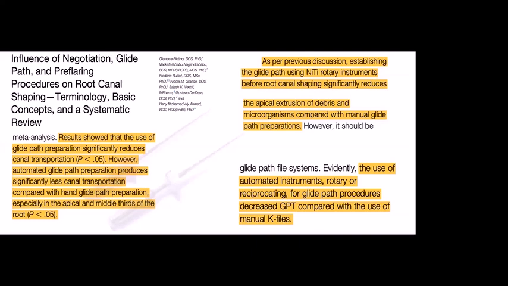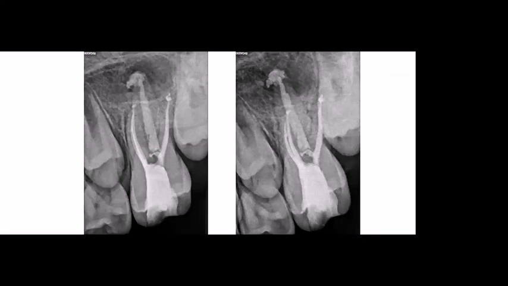And we have another advantage, that apical transportation provoked by rotary glide path is lower than that provoked by a manual glide path. And lastly, the rotary glide path is easier to carry out than a manual glide path.